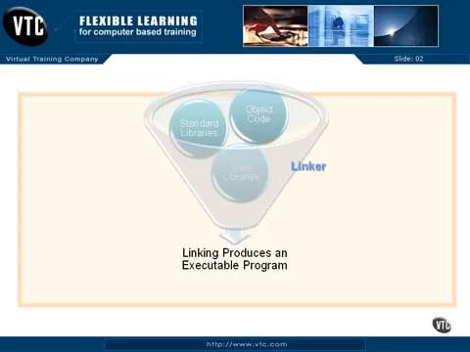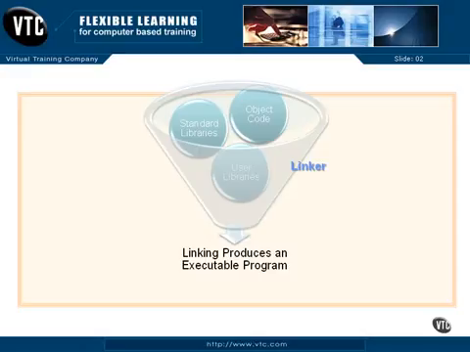All of those libraries and object code get linked together by the linker, and that produces an executable program, something usually in the Windows world that ends with .exe that we can actually run on our computer and cause some work to be performed, which is why we're learning how to do this.